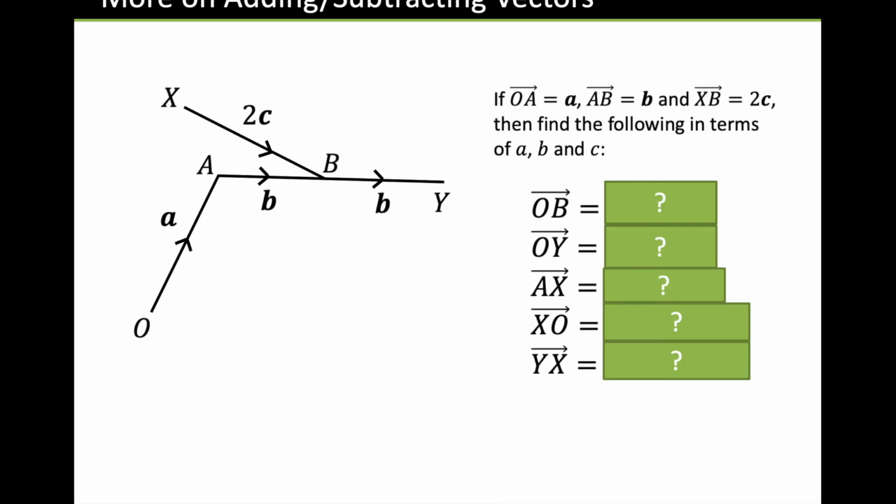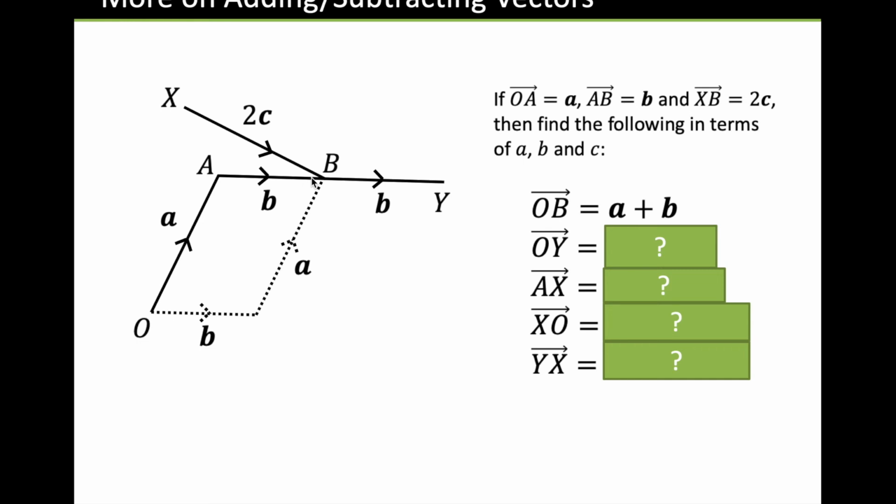Right, let's do a couple of examples, or several examples rather, sorry. Okay, take a look at vector OB. This is vector OB. Vector OB is equal to vector A plus B, like so.